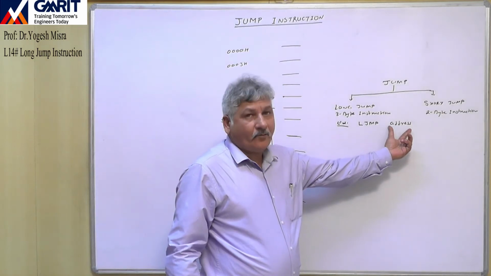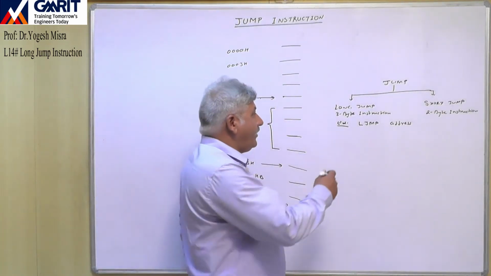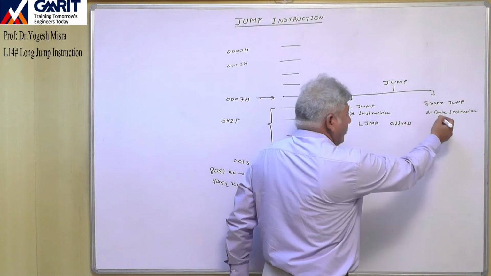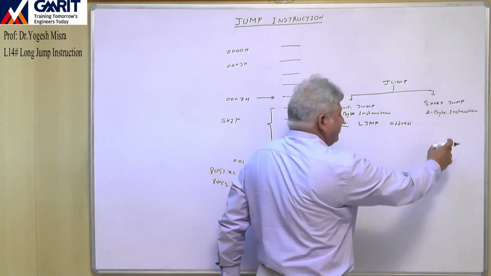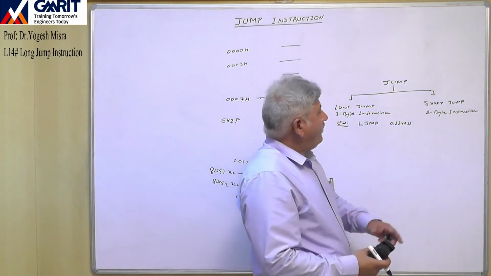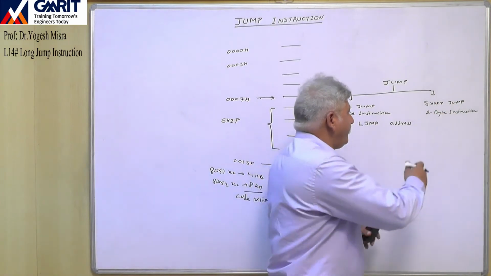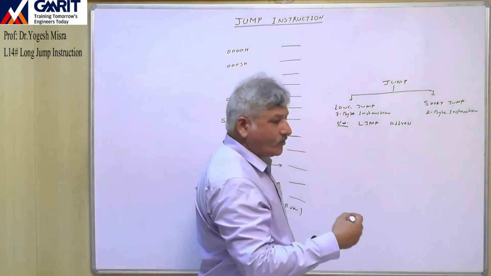In case of short jump, it is a 2-byte instruction, which we will come to afterward.